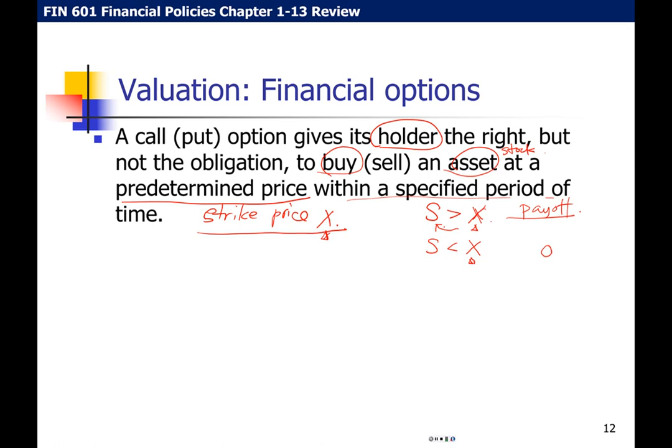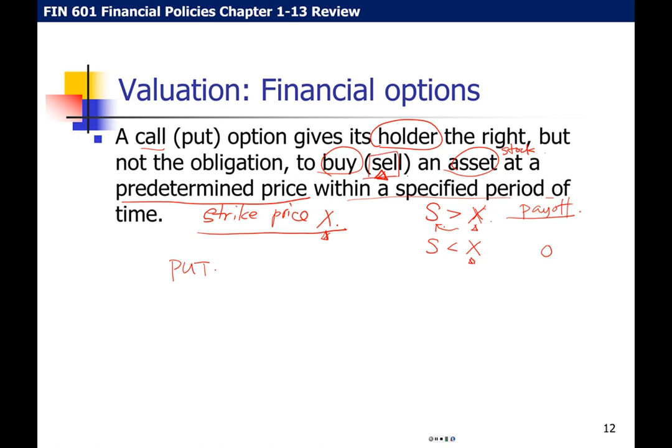Okay, so that's a call option. And of course, the put option serves as the opposite. It gives the holder the right, but not the obligation, to sell an asset at a predetermined price within a specified period of time. So the only difference here is buy or sell.